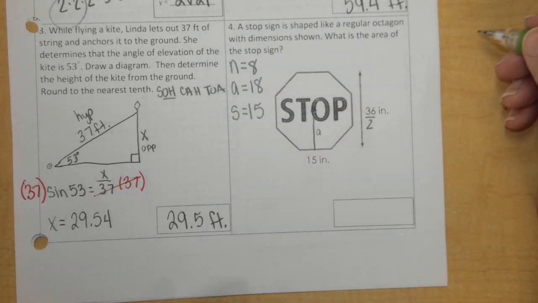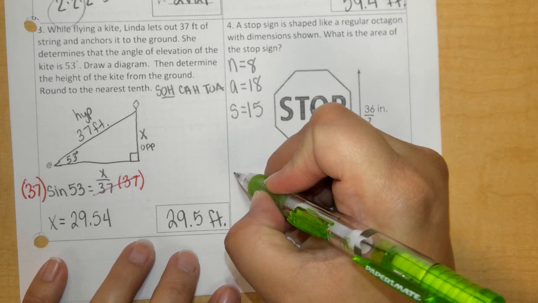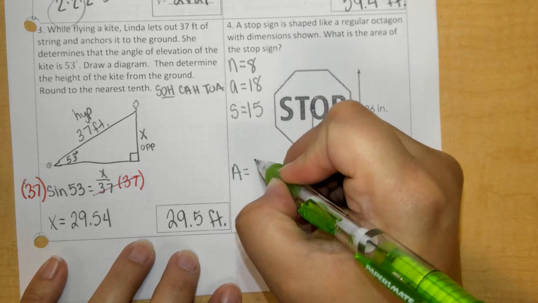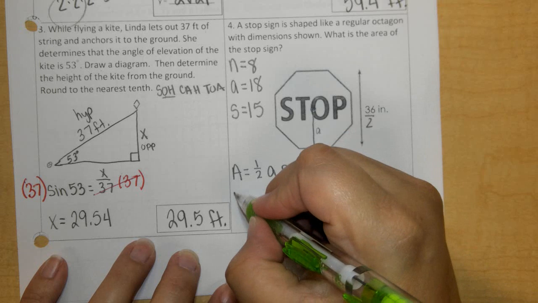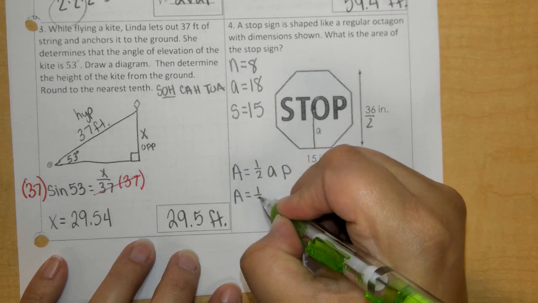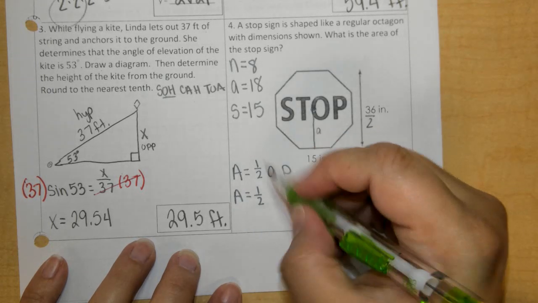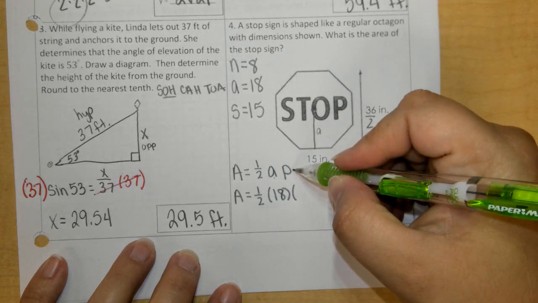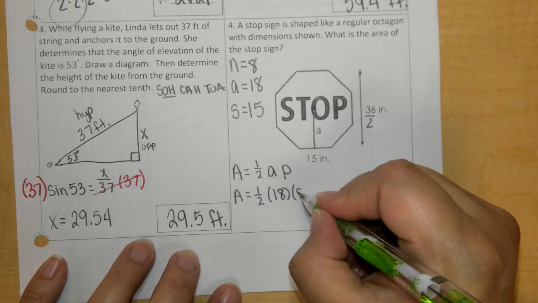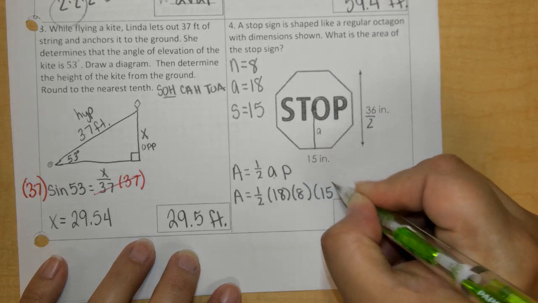So now I need to plug my numbers into the formula. Area equals 1/2 apothem times perimeter. The apothem was 18, we figured out. And then the perimeter would be 8 sides times the side length of 15.